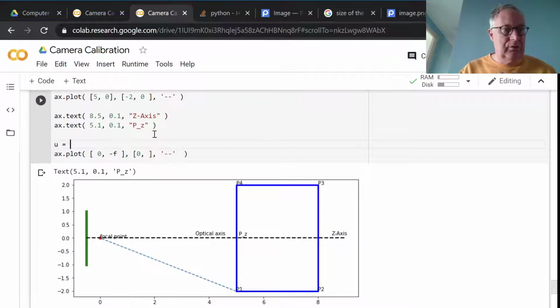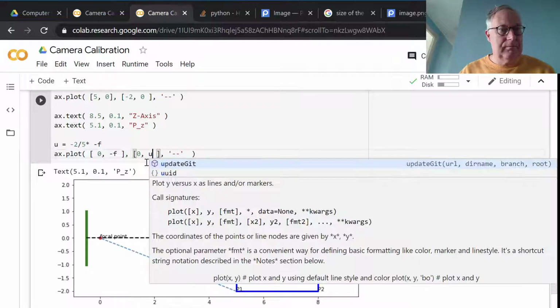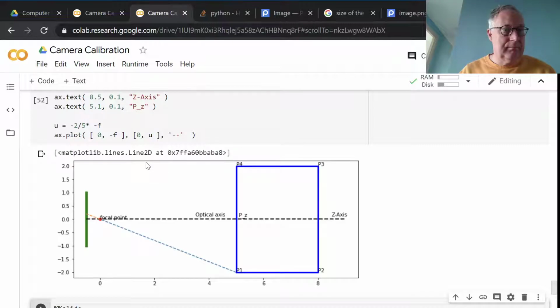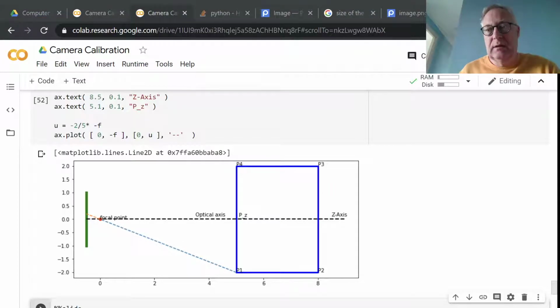So the image point u for my point is equal to minus 2 divided by 5 multiplied by minus f. And then that plots, can delete this one.